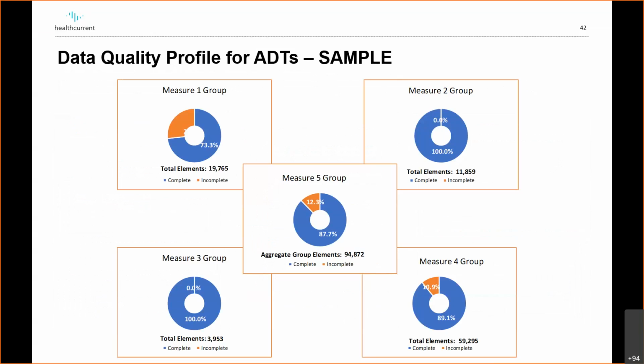This is an example of what the data quality profile for ADTs would look like for the hospitals. For the first and second year of the hospitals, we have focused on completeness of their admission, discharge, and transfer data messages that come into the ADT. So we're looking at completeness of, for instance, patient demographic information, completeness of the type of visit it is, completeness of patient class, other things that come in the ADT message that aren't always complete.